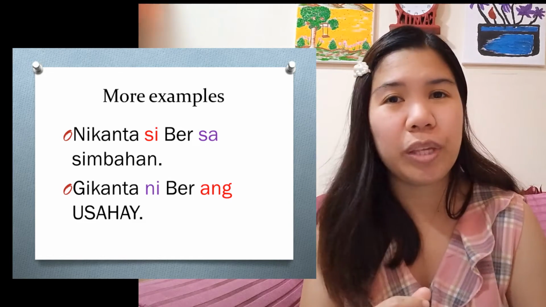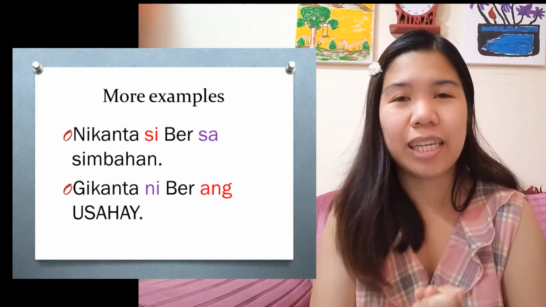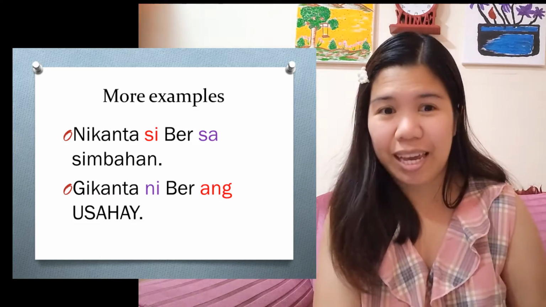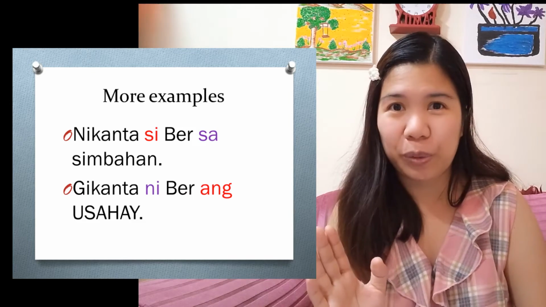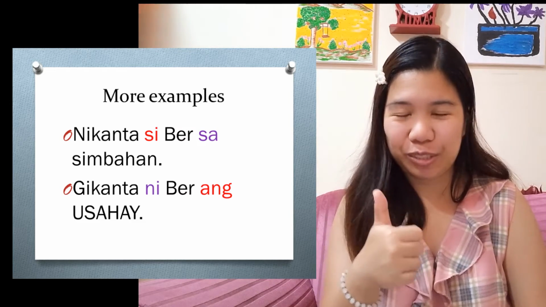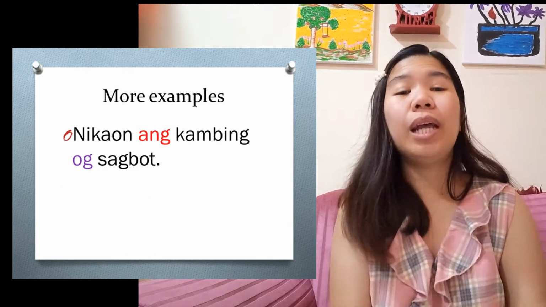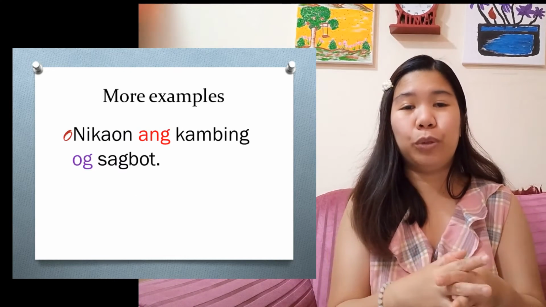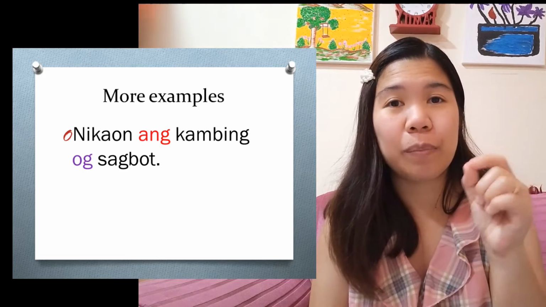Who is the one doing the action? Is it the song? No, it's not. It's Bear. And this time around, Bear is not the subject of our sentence. Understood? Okay, next. Nikaon ang kambing ug sagbot. Nikaon means ate. The word kaon there means eat.